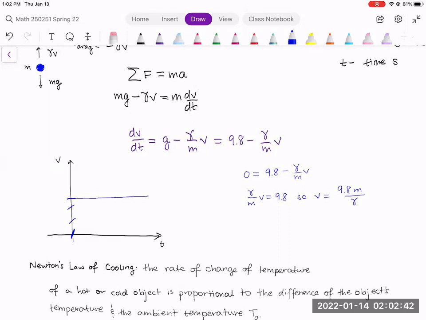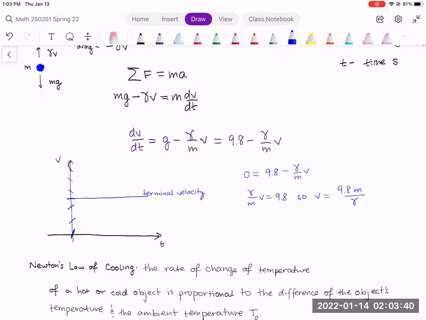This is called the terminal velocity. If we had started off at any higher velocity than this, we're going to find that we have negative slopes.